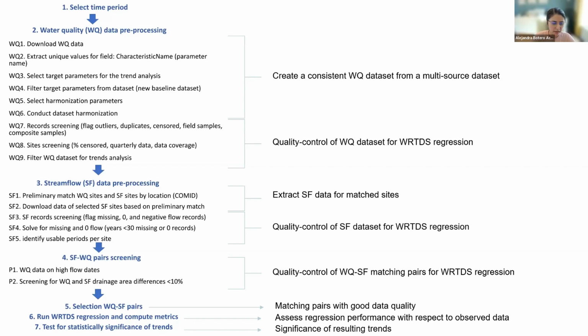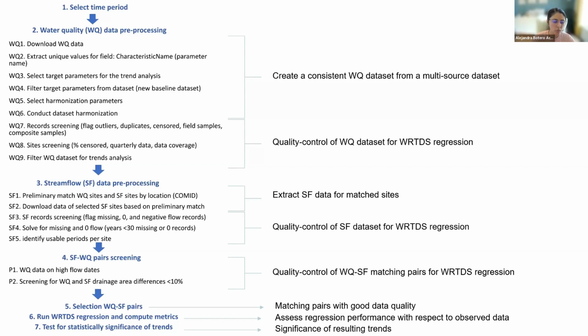Then we did matching of stream flow and water quality sites using the COM ID, which is an ID number for every single segment of streams across the US. So those stream flow and water quality sites that had the same COM ID were matched, and then those matching pairs were screened for quality control in the stream flow, having 0, negative, and missing data.